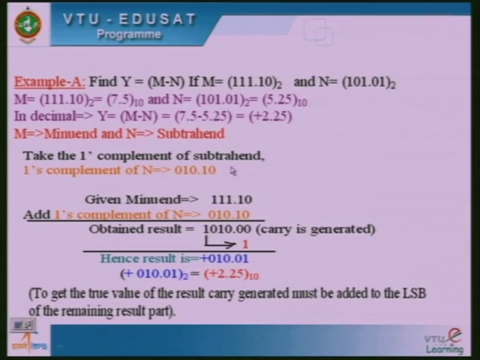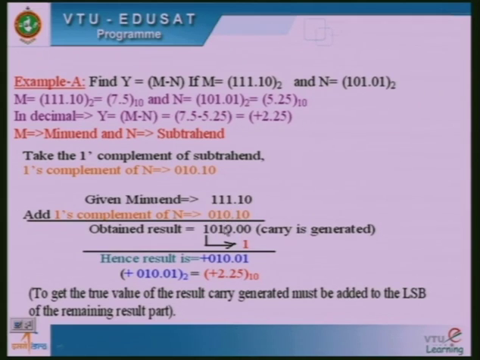So take 1's complement of the subtrahend, which by inversion is 010.10. We can convert like this, and the given minuend value, 111.10, must be added with the 1's complement of n. So 0 plus 0 is 0, 1 plus 1 is 10, 0 is taken here and the carry 1 is added with this one.